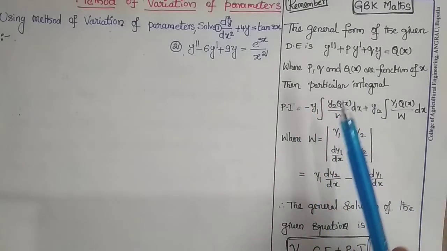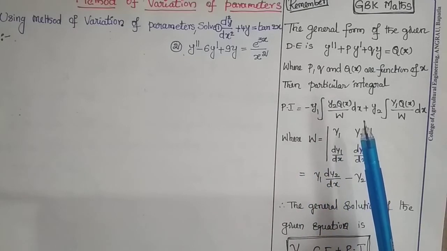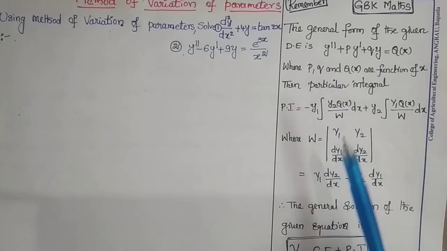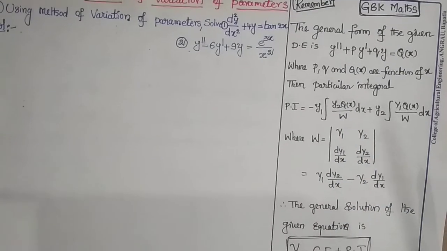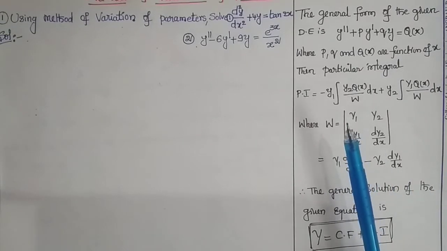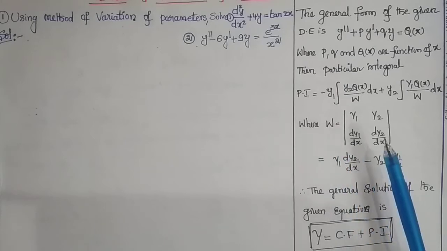So here the unknown values are W and Q of x. Q of x is given by the data, and W we are going to find with the help of the given formula: W is equal to the determinant of y1, y2, y1 prime and y2 prime.